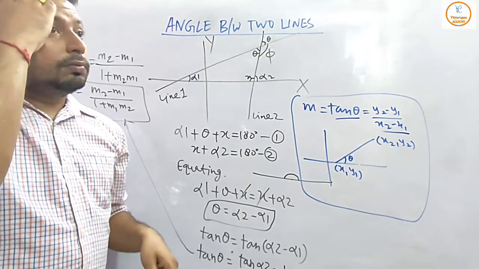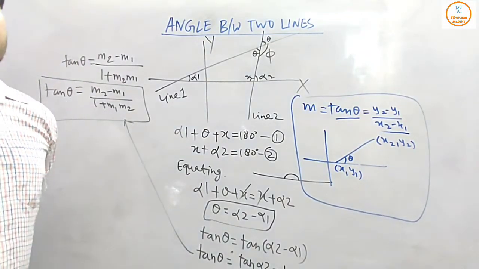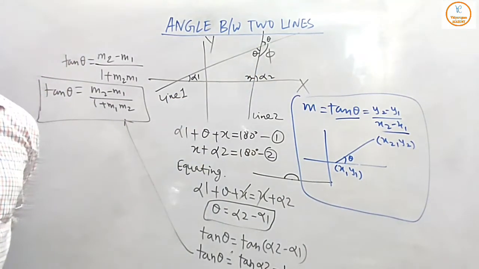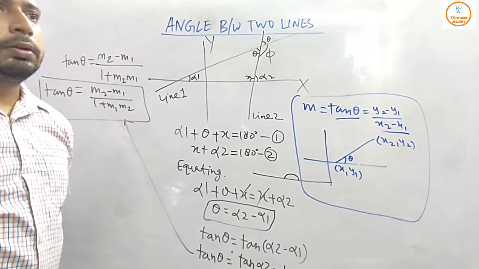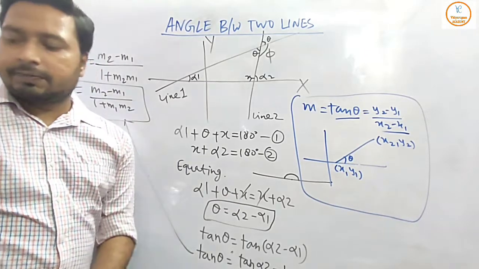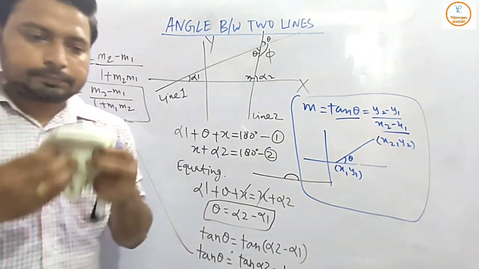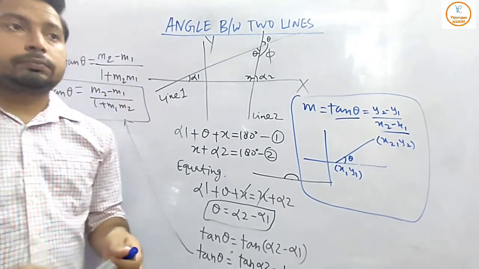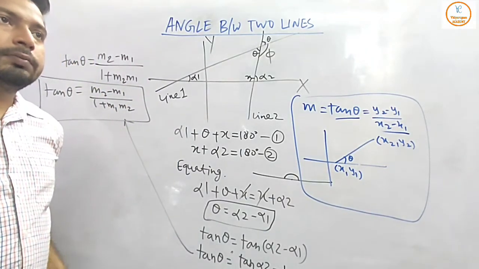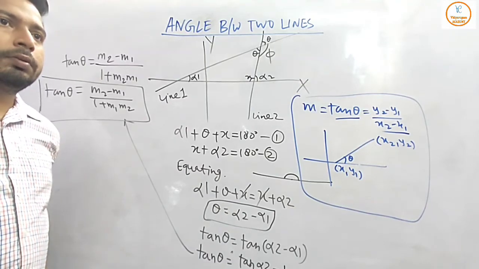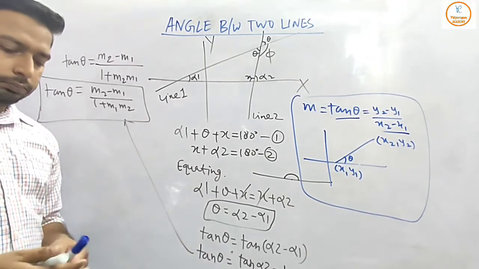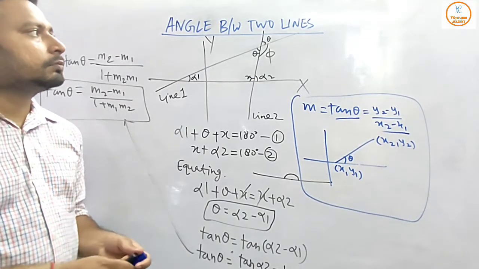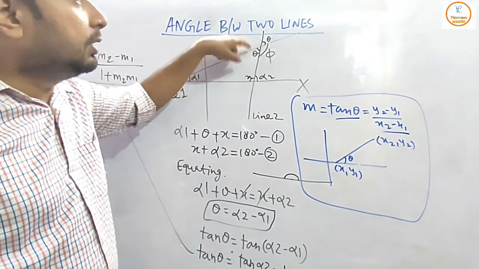So what will be theta plus phi here? Theta plus phi is equal to 180 degrees, no?